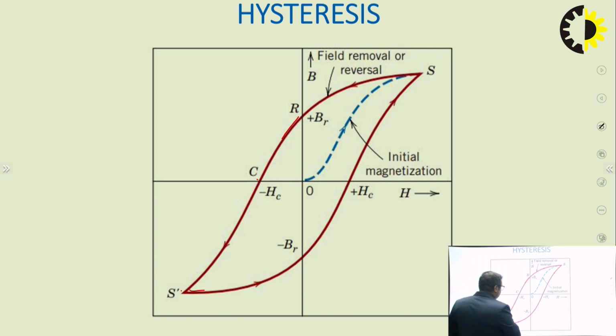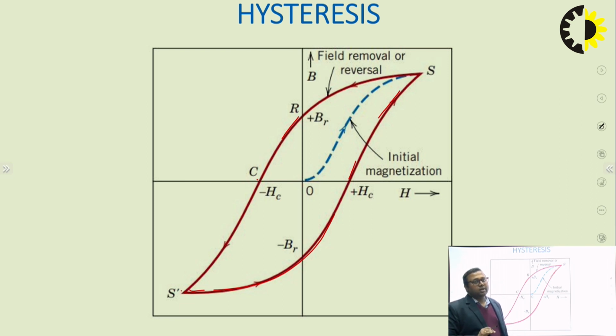Then you will see that this curve will form, and at the end this is the curve which you will receive. So this curve actually shows that the magnetism present inside the material always lags behind the external magnetic field which we apply onto a particular material.